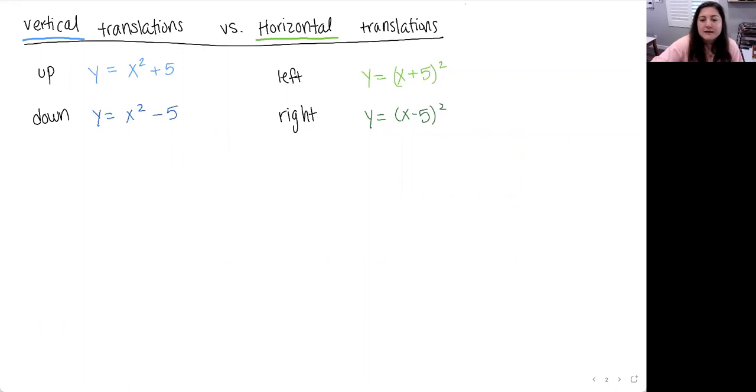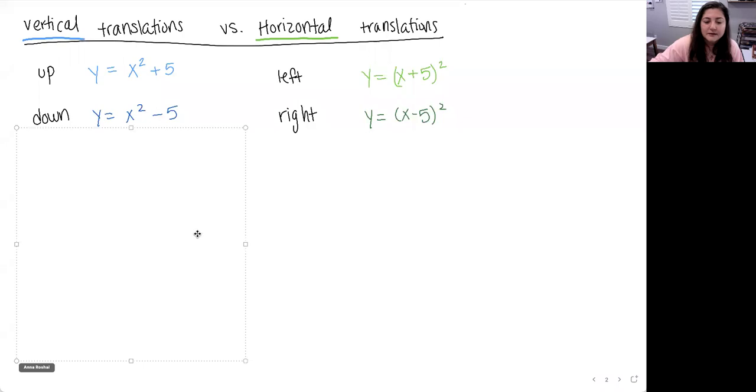And one of the things here that I also want to mention is every time we see a vertical translation, the translations make sense, right? If I'm moving something up, I'm obviously going to add. If I'm moving something down, I'm obviously going to subtract. That's just general knowledge of a number line, right?